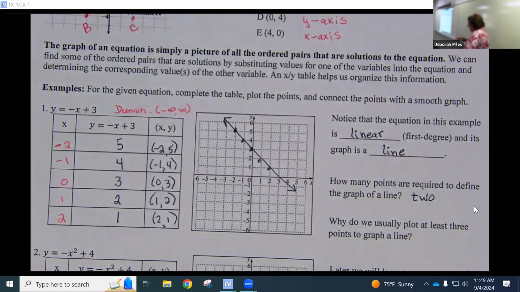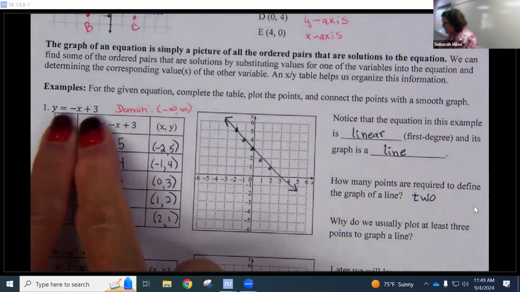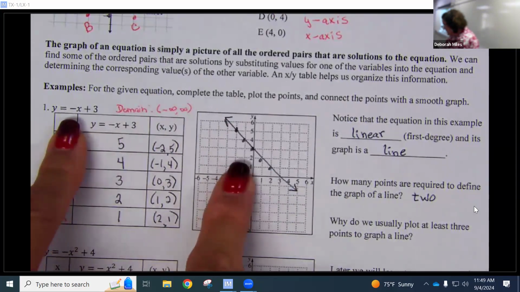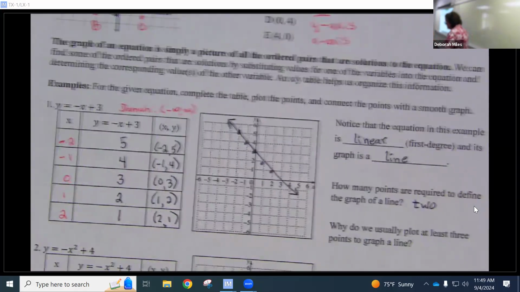Well, I know what shape it's supposed to be, because now I can recognize it's first degree, and first degree is always a line. So why do I need more than 2 points? Tell me, Sydney, what you were thinking.